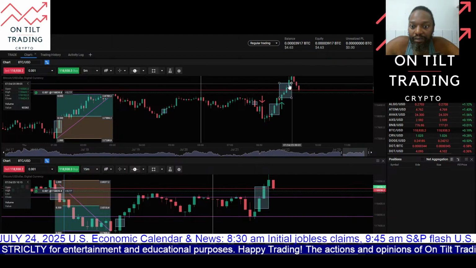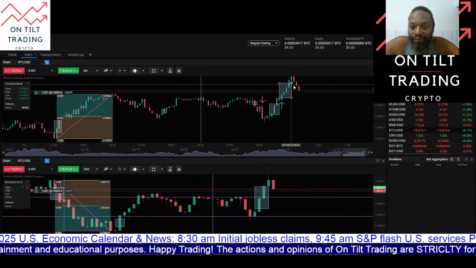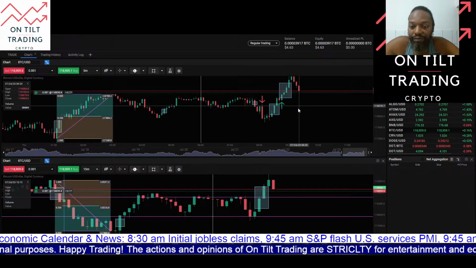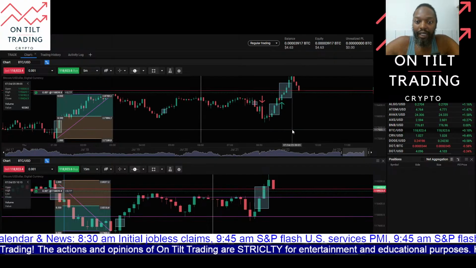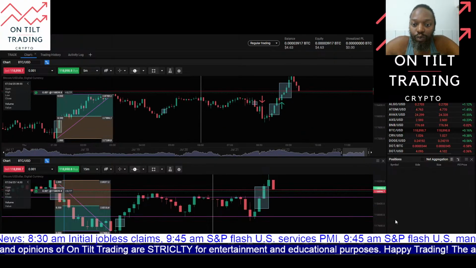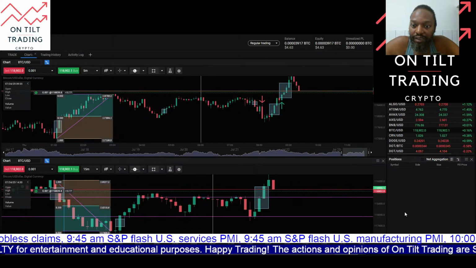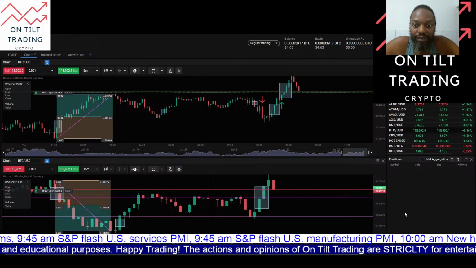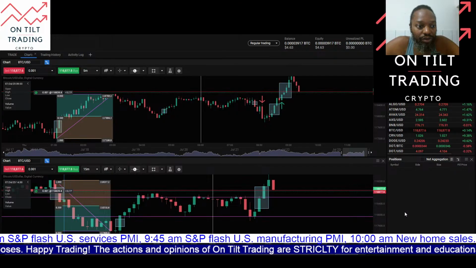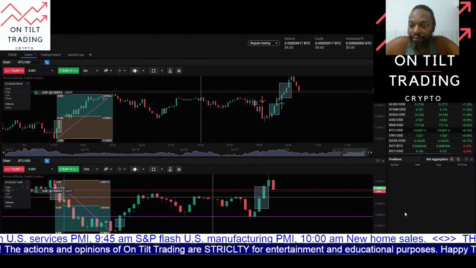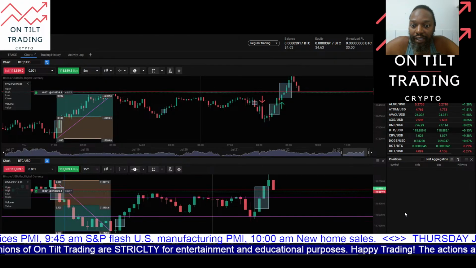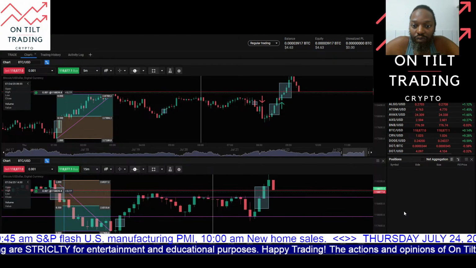Getting in could be as early as the high of the fair value gap, but I chose this level because this would put me at 3-to-1 reward to risk. So I want to work on managing my risks consistently in these trades. So I don't want to take a position unless at a minimum I am at a 3-to-1 or better.